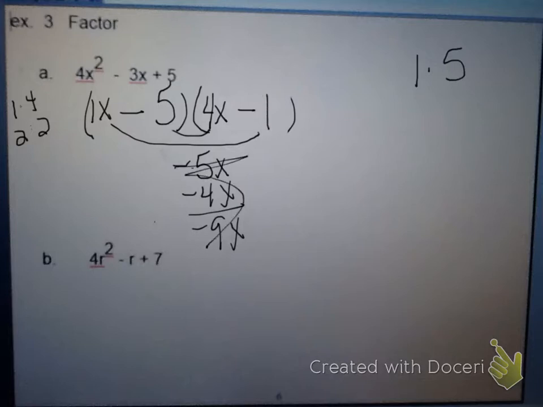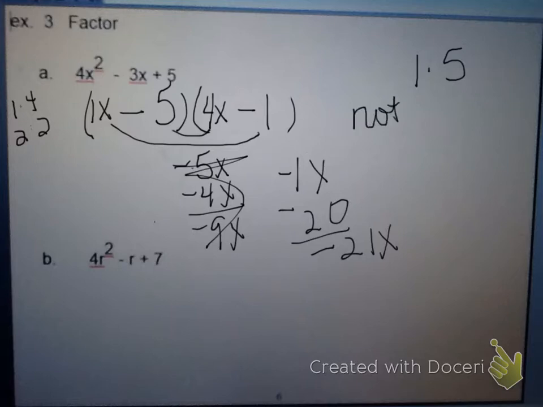My outside is a negative 1x and a negative 20x, which is a negative 21x. And that is not my middle term. I have used everything. So sometimes it just does not factor. And you can either write not factorable, or some books, and I think this book refers to it as prime.